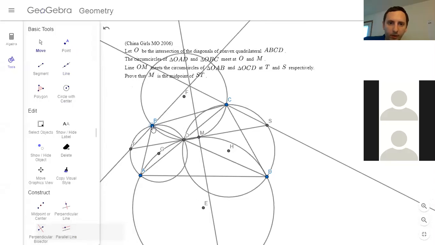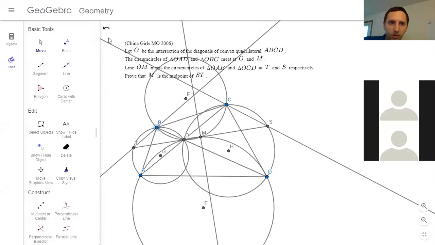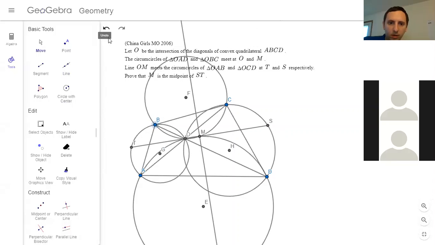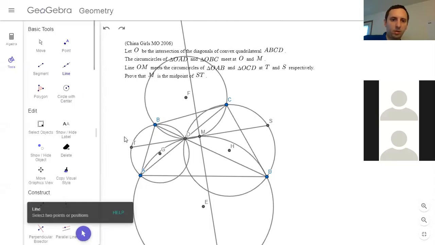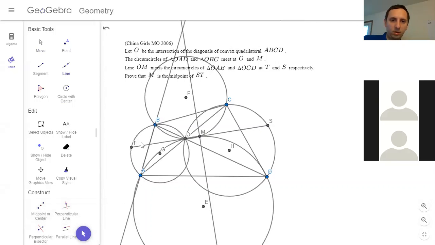So yeah, if I move it around, we can check AB and DC, if they are concurrent. I said DC, but it's not, I think.